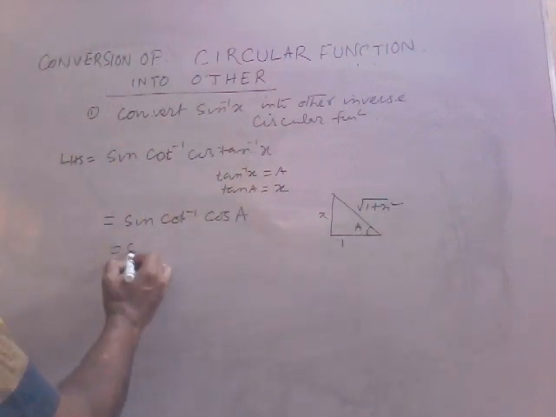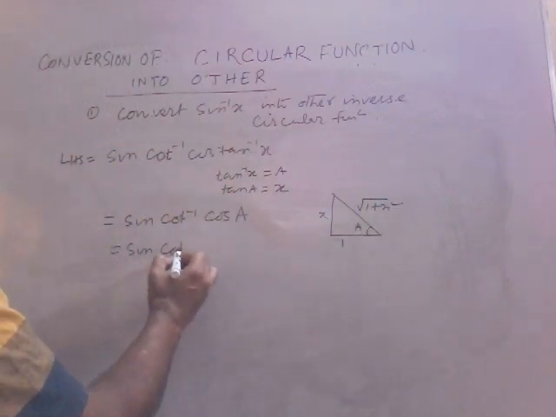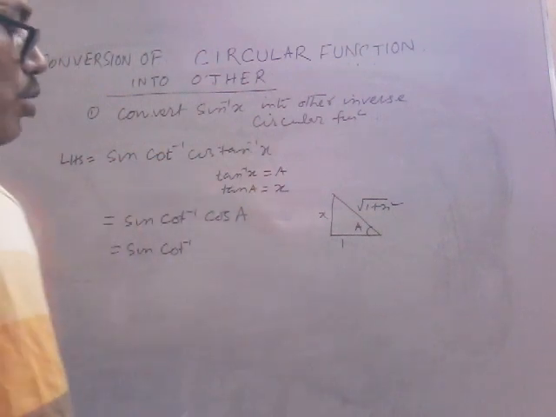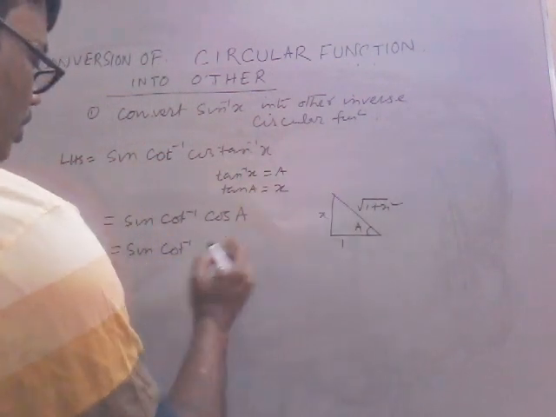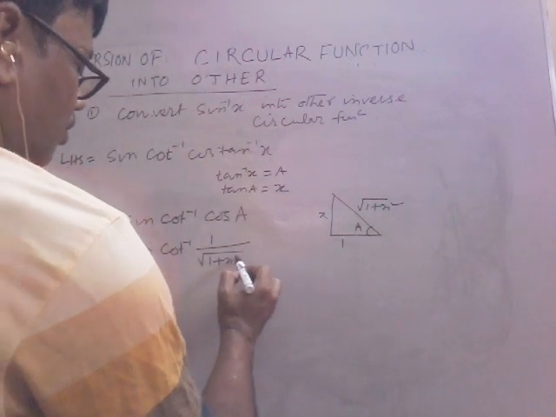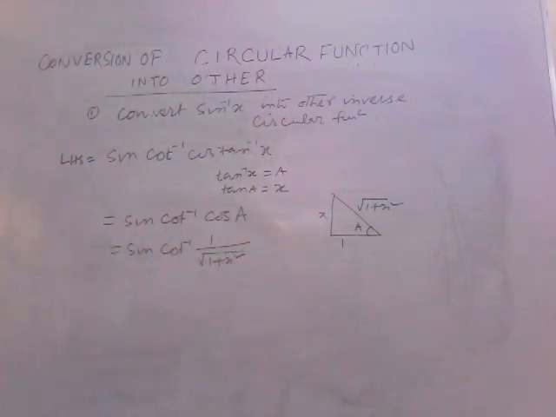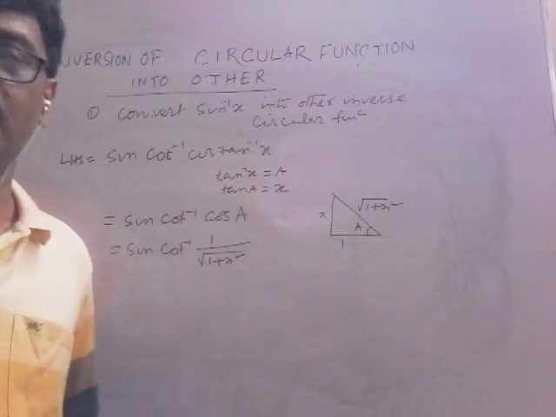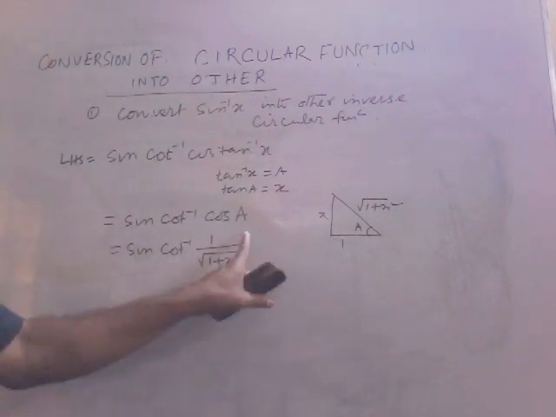So what is cos A? Cos A is base by hypotenuse, so 1 by root under 1 plus x square.